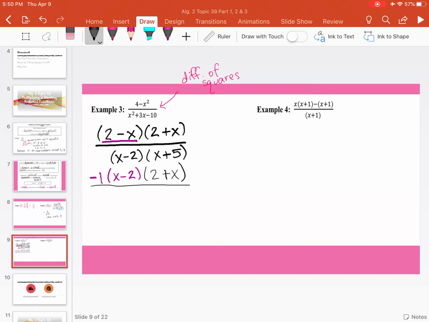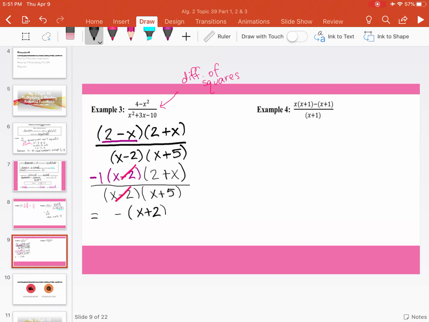Then we can rewrite our numerator. We still have x minus 2 and x plus 5. So in the numerator, we have an x minus 2 here and an x minus 2 there. So when we reduce, we get negative 1, or just a negative, 2 plus x, which we can also just write as x plus 2.